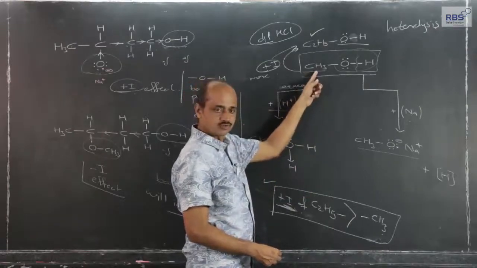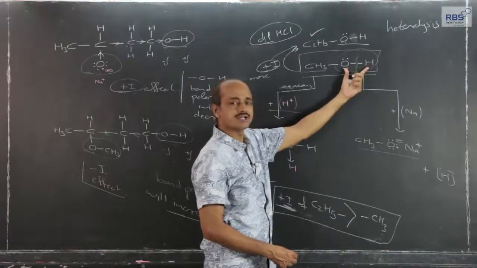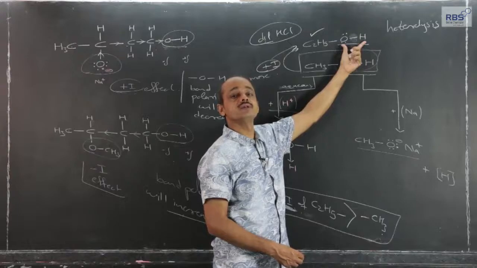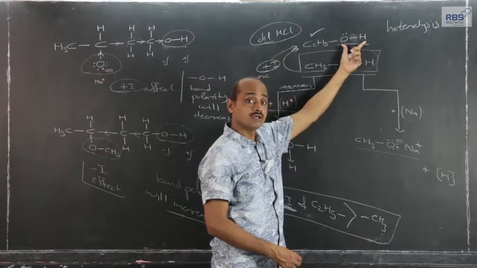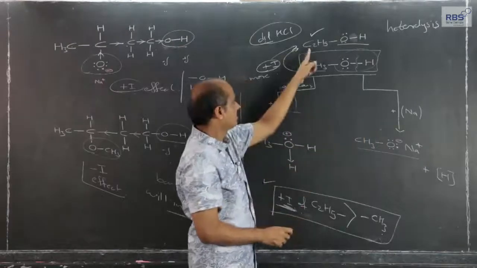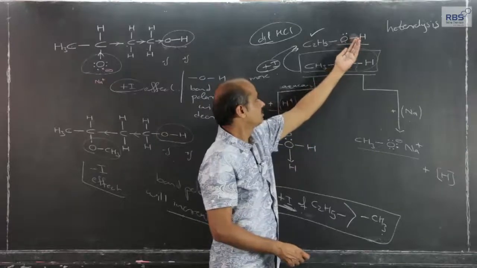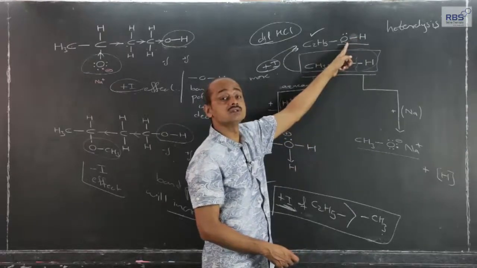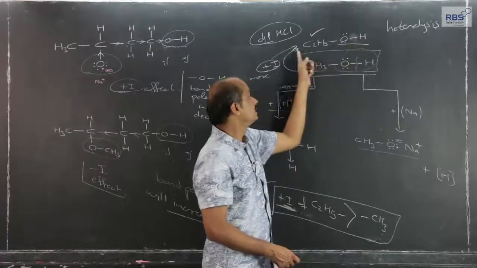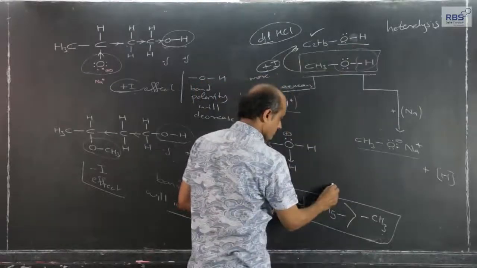As compared to the OH bond polarity of methyl alcohol, the OH bond polarity of ethyl alcohol will be less. Why? The plus I effect, the positive inductive effect of the ethyl group, is more, and therefore the electron pulling effect of the oxygen in OH will be less. So, OH bond polarity in ethyl alcohol will be less.